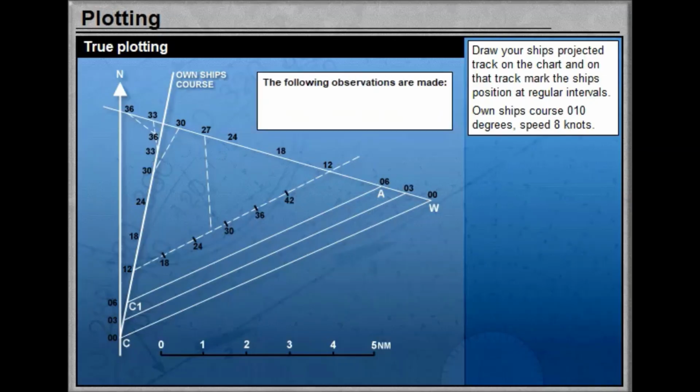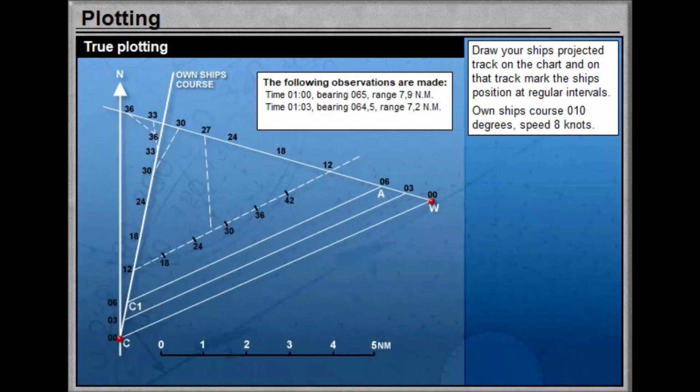The following observations are made. Time 0100, bearing 065 degrees, range 7.9 nautical miles.